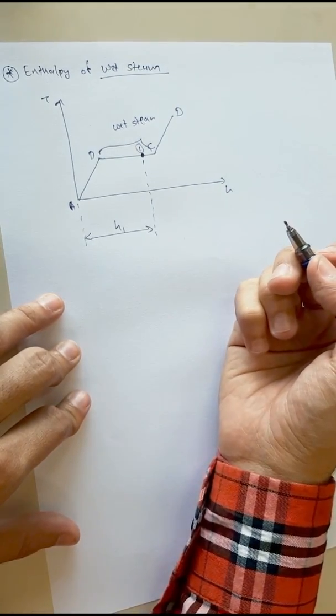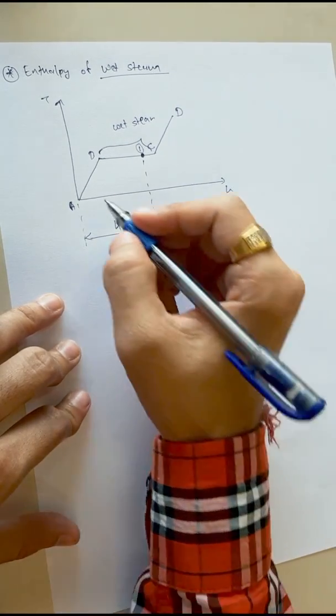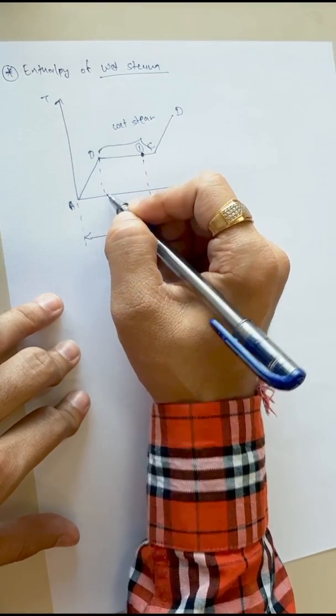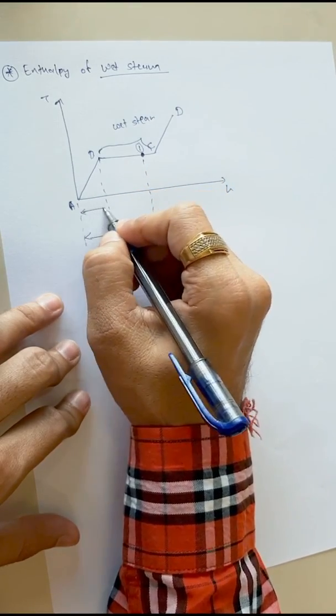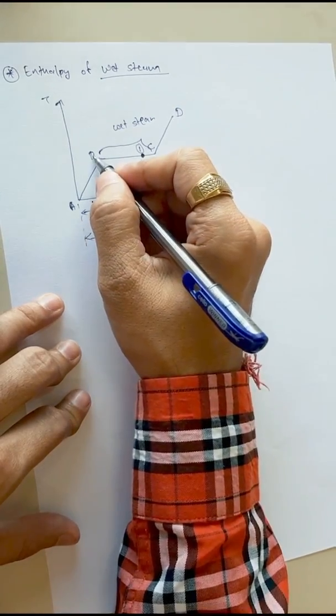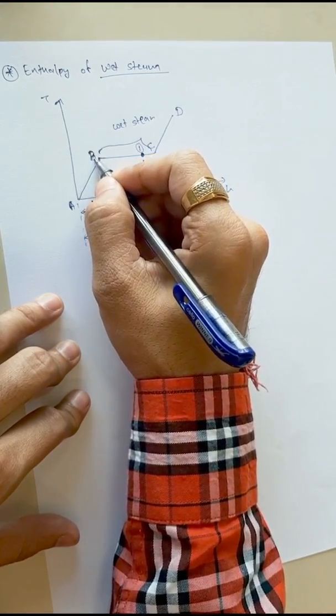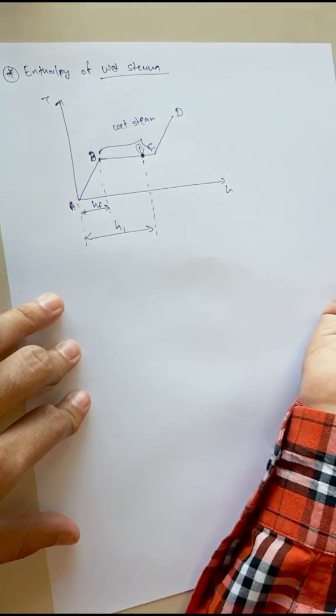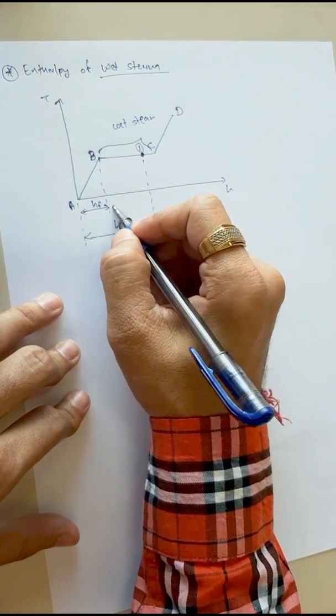H1. So I can further divide it into two sections. First one is HF. We know that enthalpy up to point B is HF. And what about this?